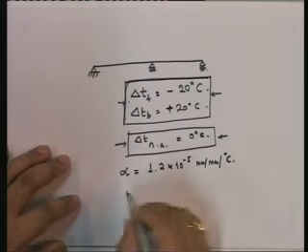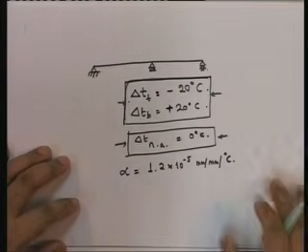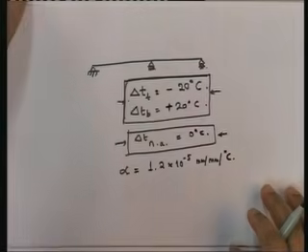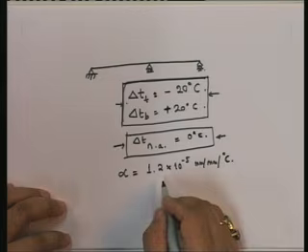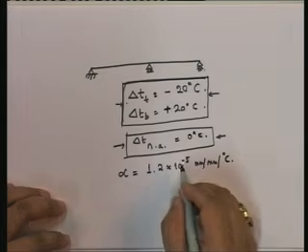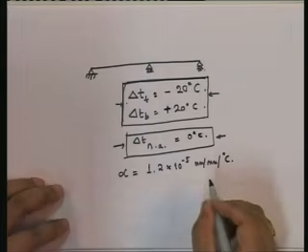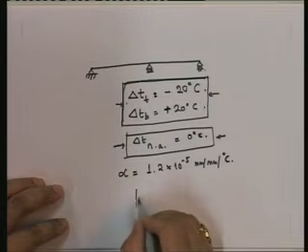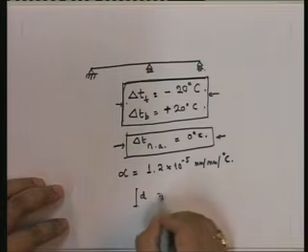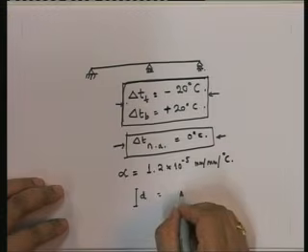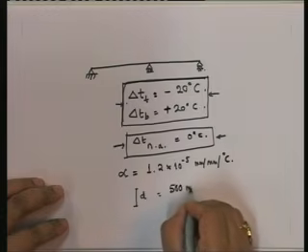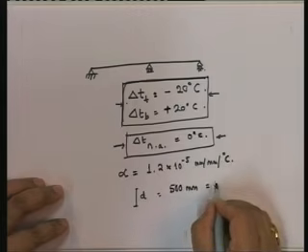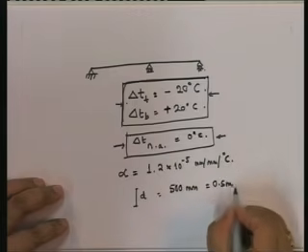So that's alpha, and that's all I need right now. And let us say that the depth of the beam is equal to 50 centimeters. So that's going to be 500 millimeter, which is equal to 0.5 meter.